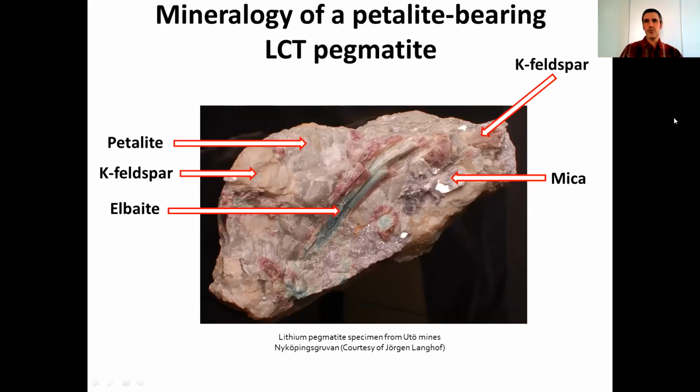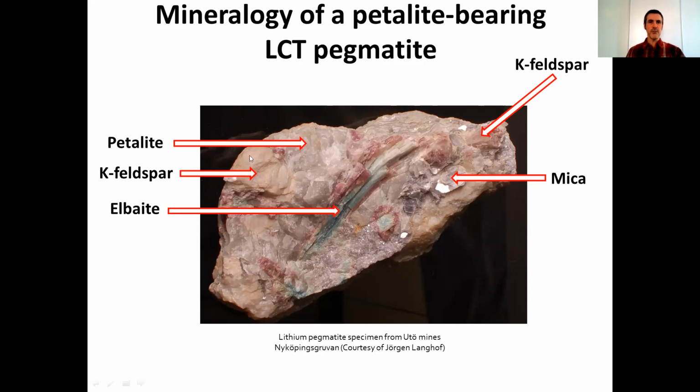Just to show you how these minerals look like in a hand specimen. This is a picture of a petalite-bearing LCT pegmatite from Utah mines. This grayish mineral is the petalite.